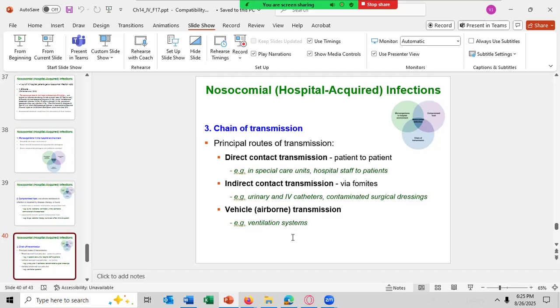And then there can be nosocomial infective agents that are airborne, where vehicle transmission gives it, like the ventilation system can spread the disease.